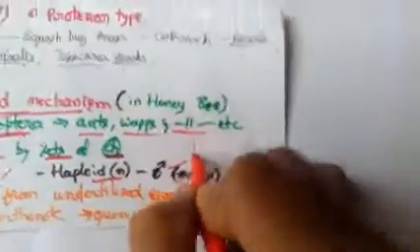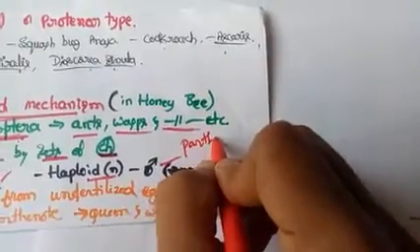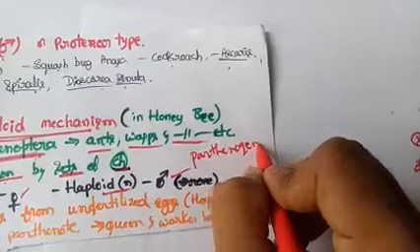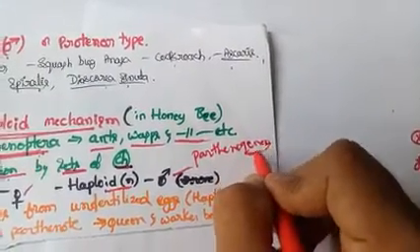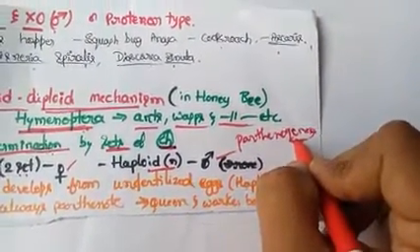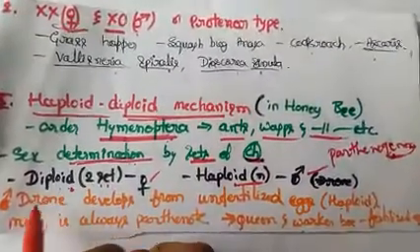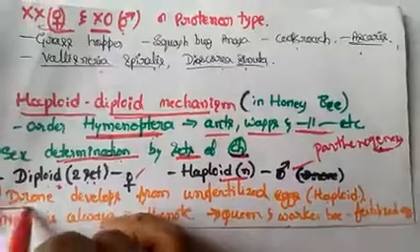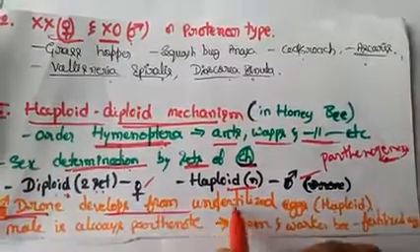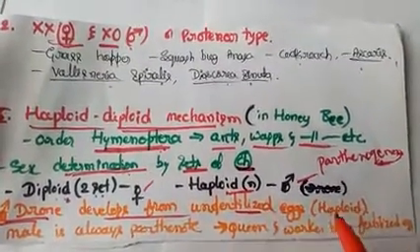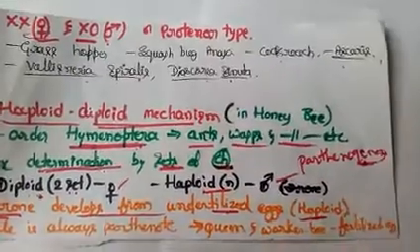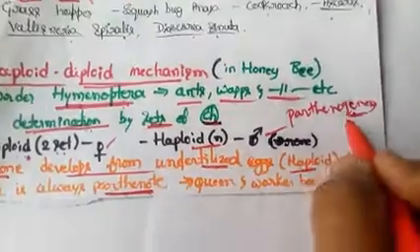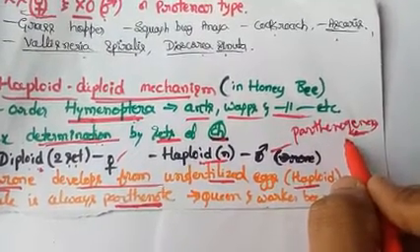The special mechanism that takes place is parthenogenesis, the mechanism where the progeny is developed without fertilization. The progeny developed without fertilization is the male drone, which develops from unfertilized eggs. That's why it is haploid, and the male is always called a parthenote, because it is a progeny developed through parthenogenesis.